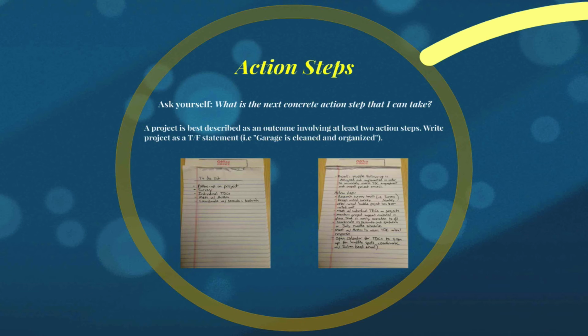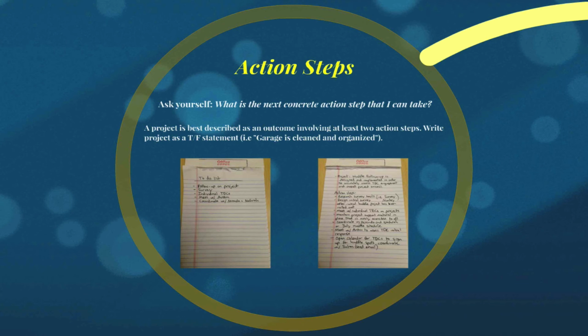And then a project is best described as an outcome involving at least 2 action steps. A project can be written as a true or false statement, such as garage is cleaned and organized. Garage is cleaned and organized is not an action step because it can't be something that's done in one fell swoop. There's a lot of different components or sequences that go into cleaning your garage.